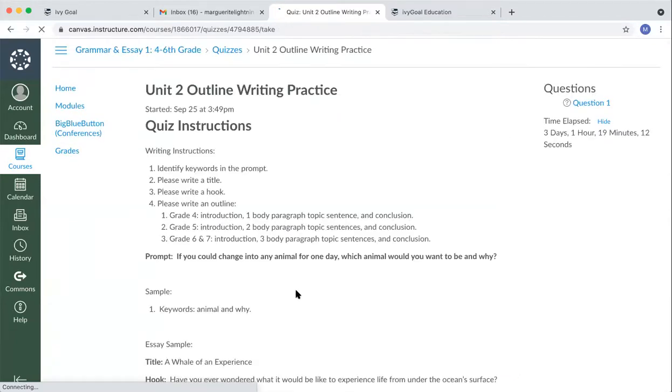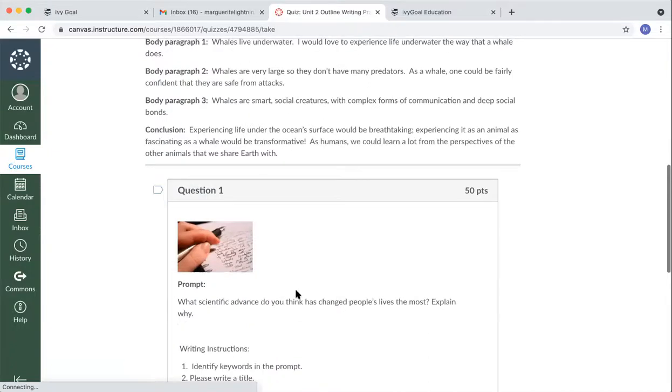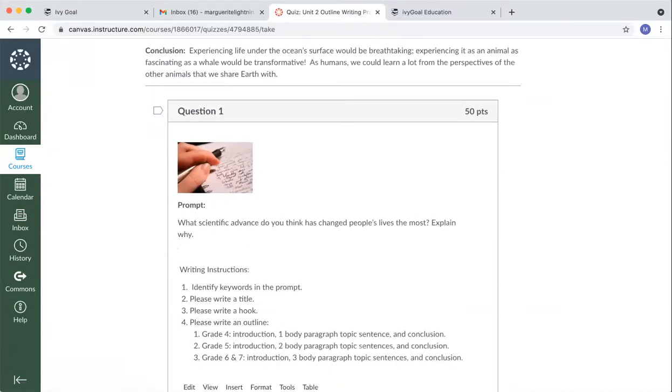So we're going to work together to get an example of an outline together. All right. Ricky, can you read this prompt that we're going to work together on? What scientific advance do you think has changed people's lives the most? Explain why. Good. Okay.